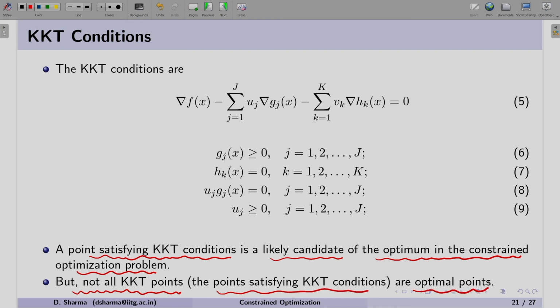So, let us take a case that since EC techniques work on multiple solutions, in that case, you will get many feasible solutions. When you get those solutions satisfying the KKT condition, we may find that there will be many solutions satisfying the KKT conditions.